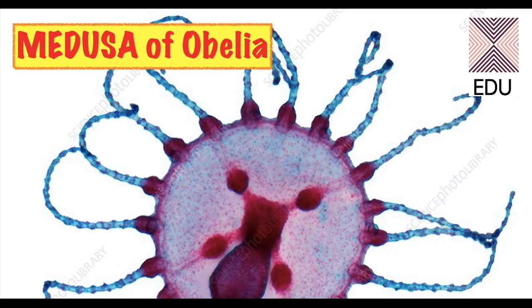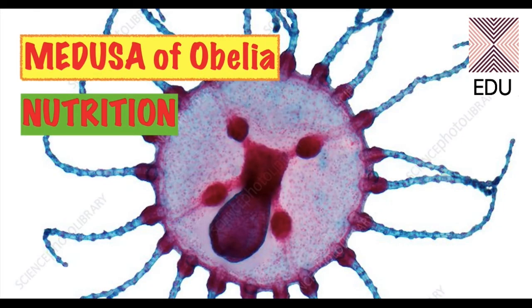And now we are getting into the nutrition in medusa. The mechanism of feeding is very similar to a polyp. While swimming, if it gets some food, it will grab it with the tentacles, sting it, paralyze it, and the tentacles will put this food into the mouth over here.